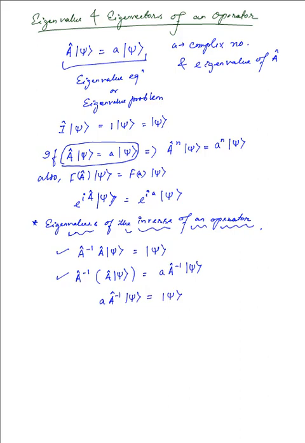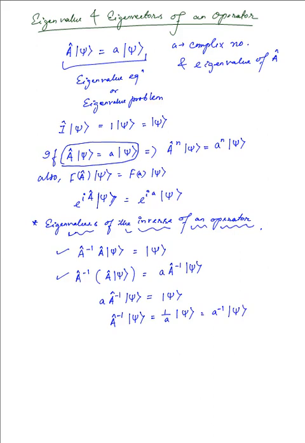And what that also means is that A inverse operating on psi is going to be equal to 1 over A times psi, which means the reciprocal, the inverse of the eigenvalue, times psi.